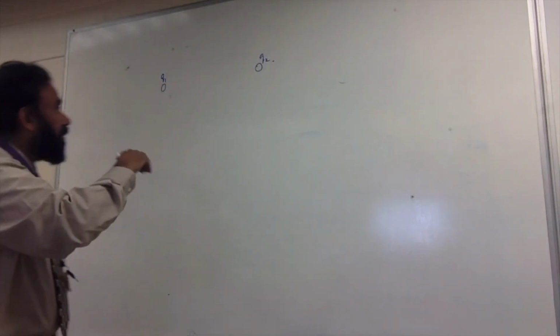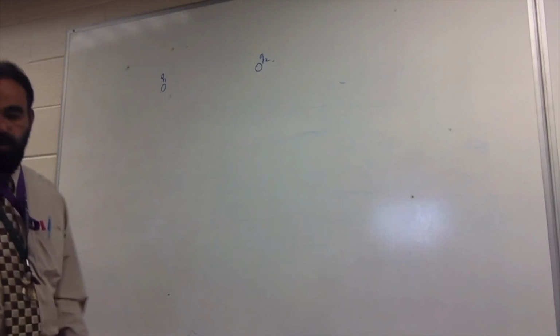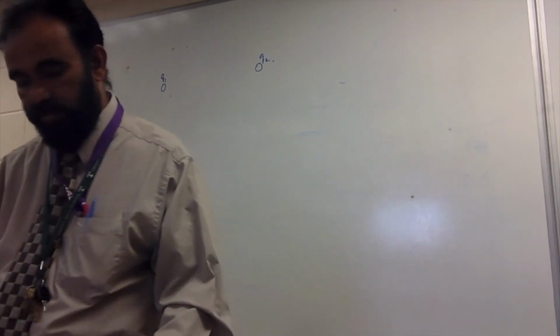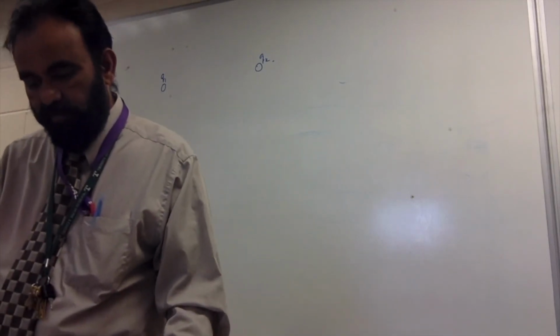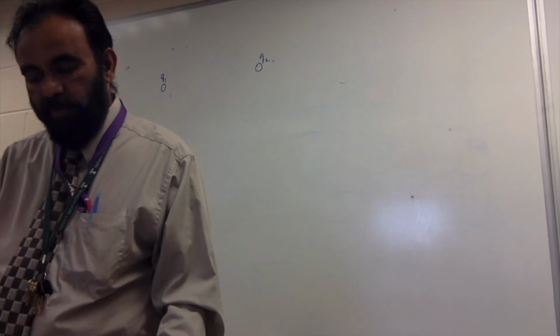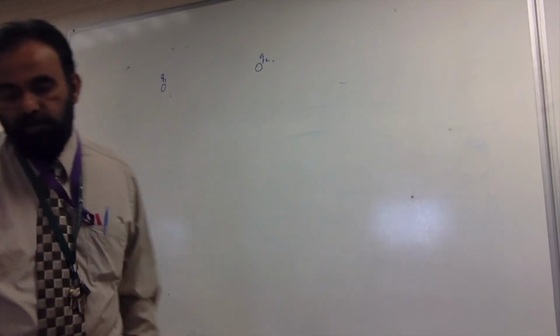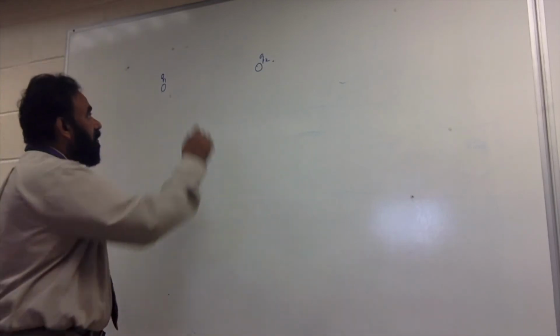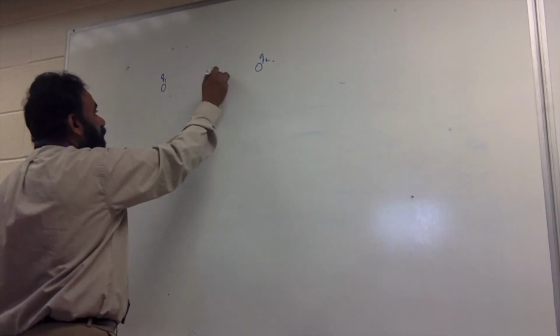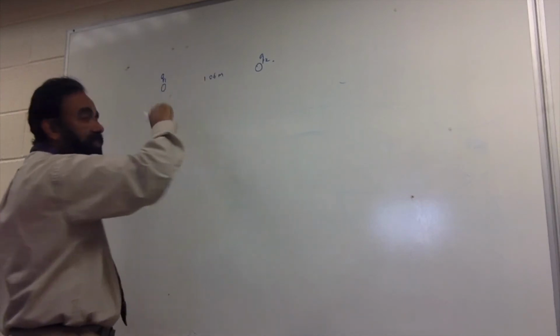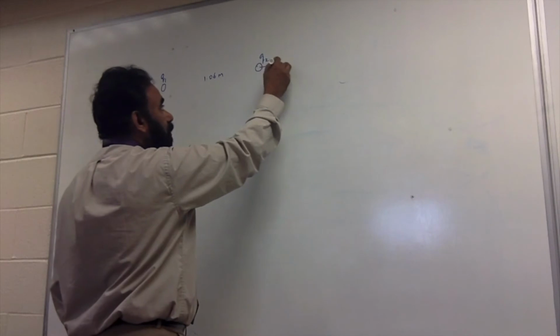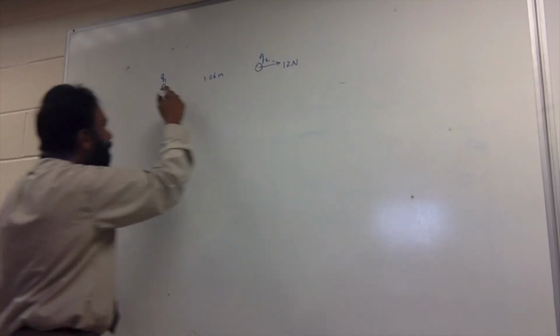The total charge, Q1 plus Q2, is 90 microcoulombs. When placed 1.06 meters apart, the force each exerts is 12 newtons. When it's put 1.06 meters apart, the force each one experiences is 12 newtons and is repulsive.